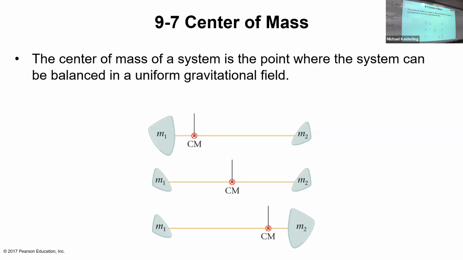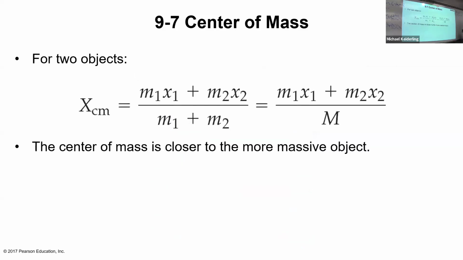And it turns out the way you can get center of mass, so for two objects, the center of mass is just the mass of the first object times its position plus the mass of the second object times its position divided by the mass of the two objects added together. Center of mass is just a weighted average.